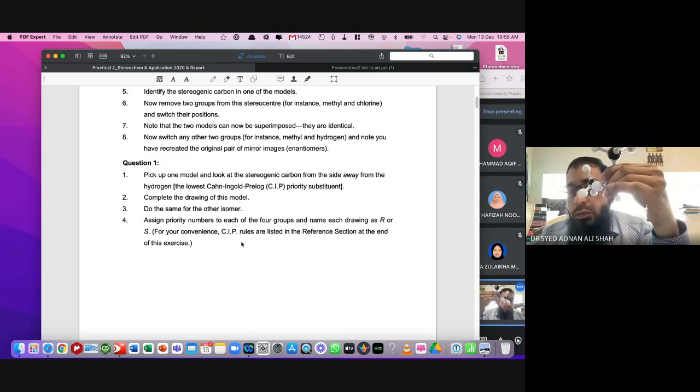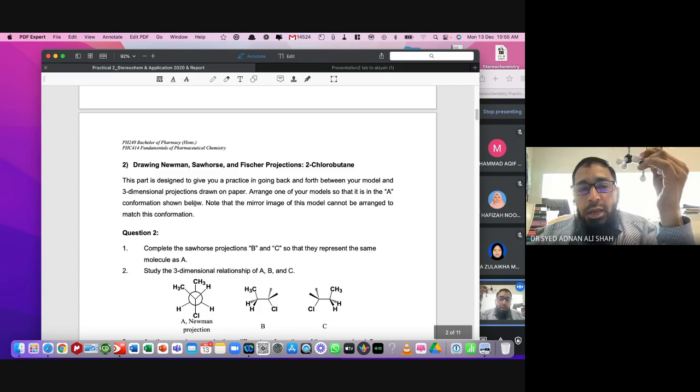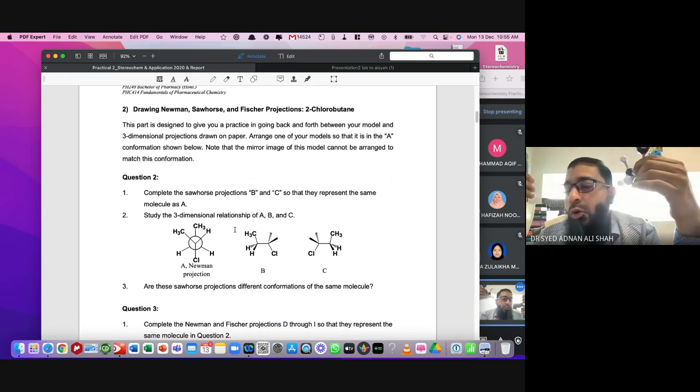One should be the R, and the other should be the S. We have the same example, 2-chlorobutane. We have already seen that of these two molecules, one is R and the other one is S. R and S are both non-superimposable mirror images.